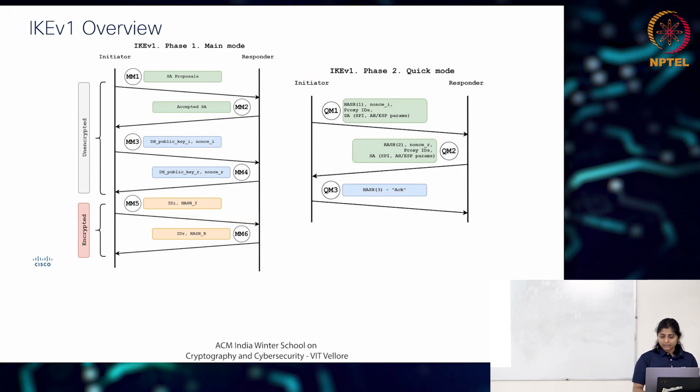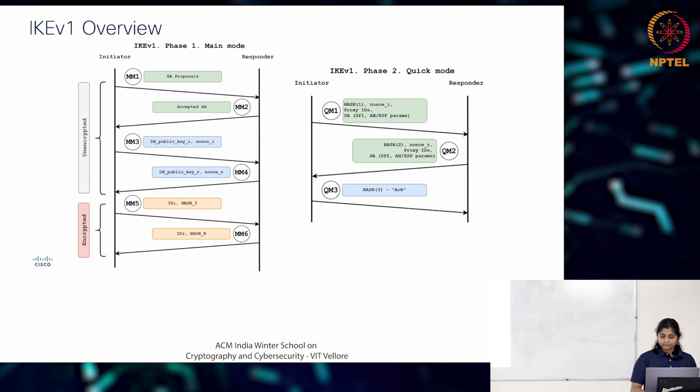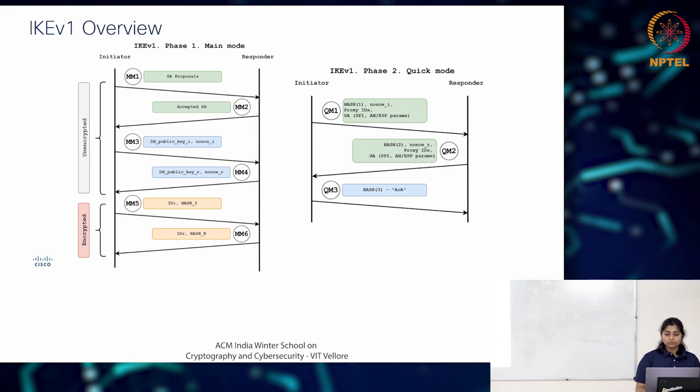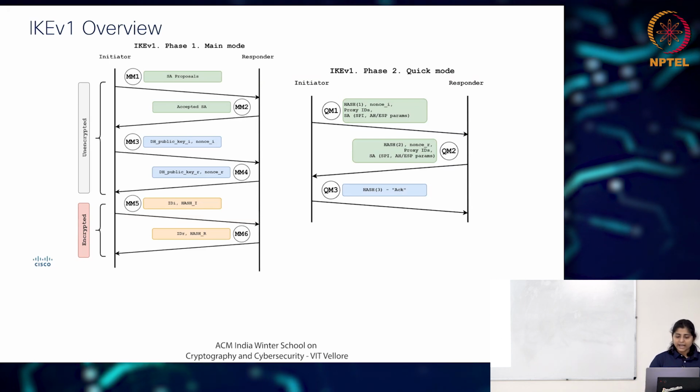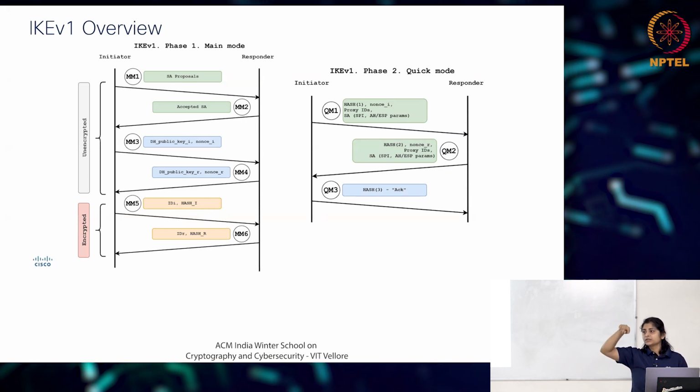Scroll down and there should be a proposal list, right? Do you see payload proposal 2? And then payload transform. Just keep expanding the symbols.